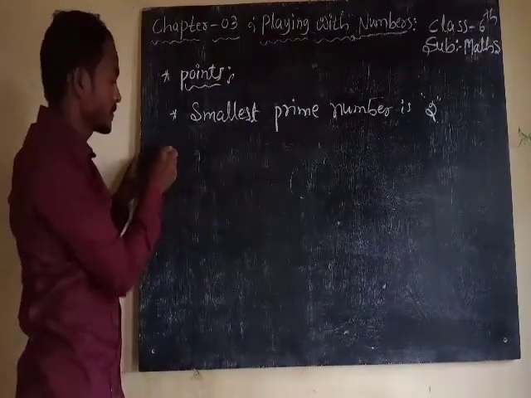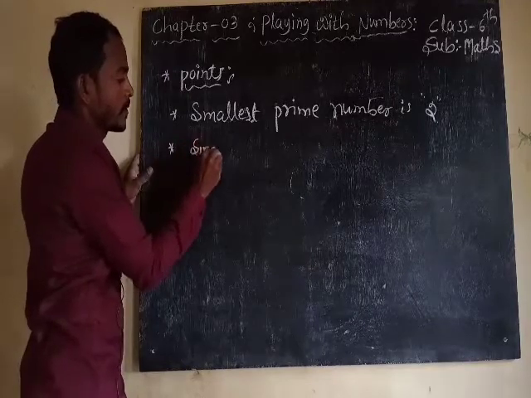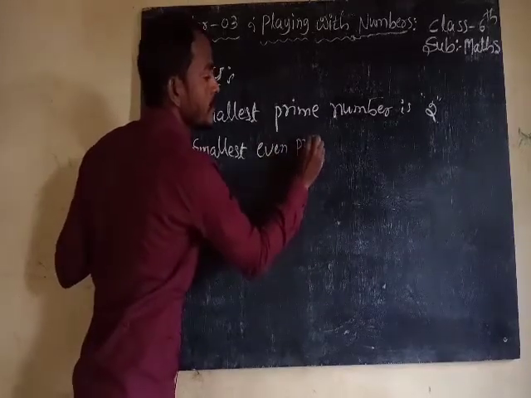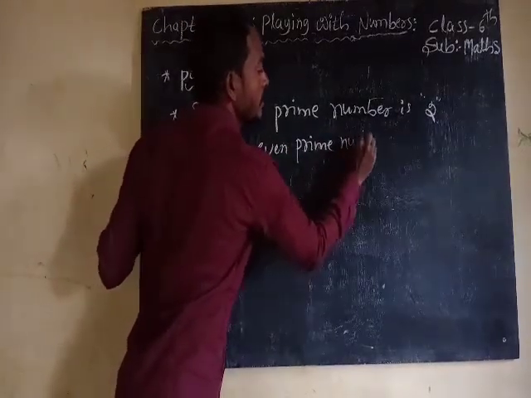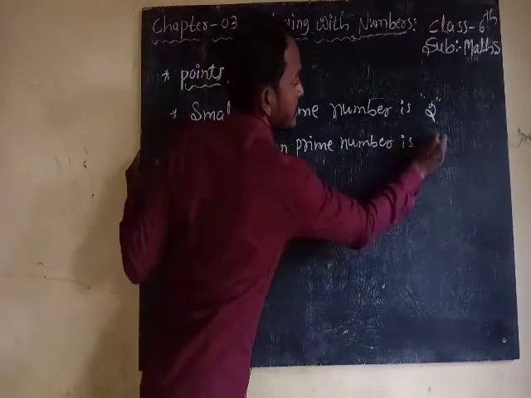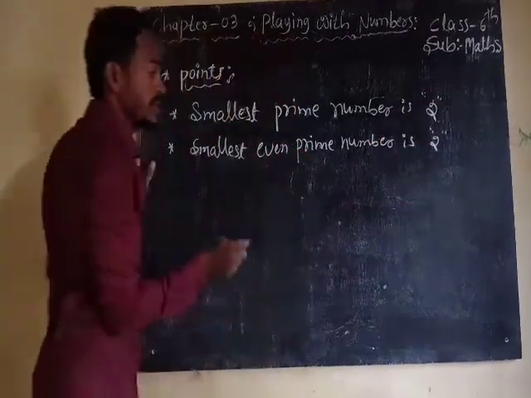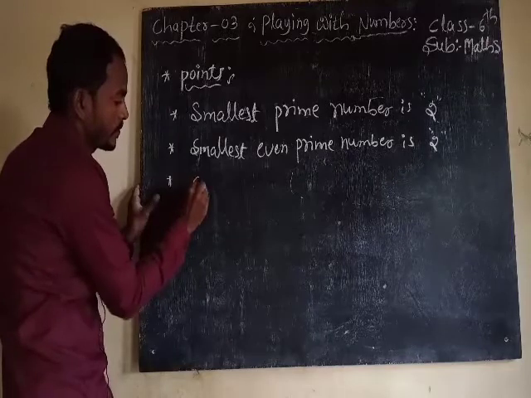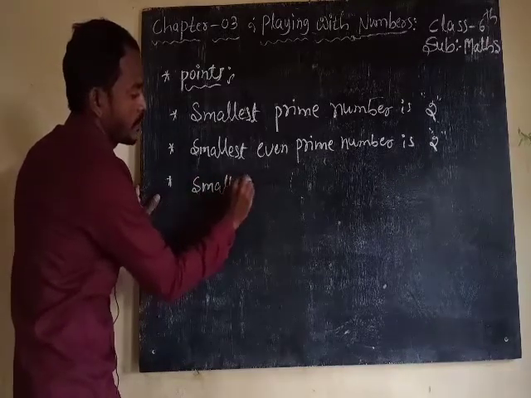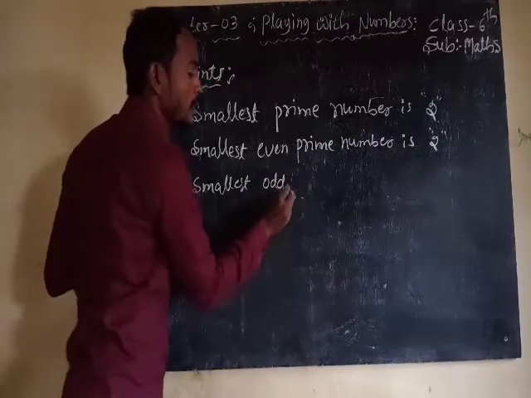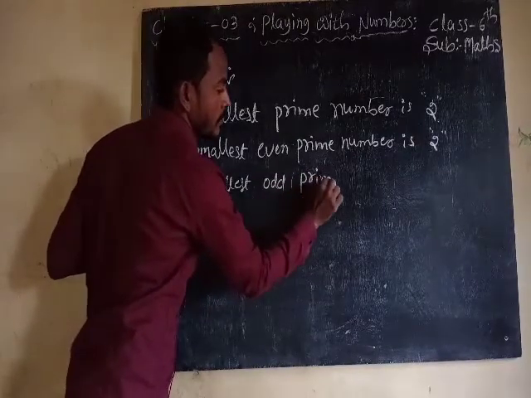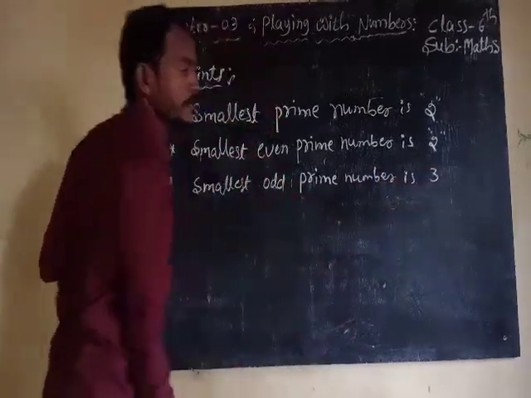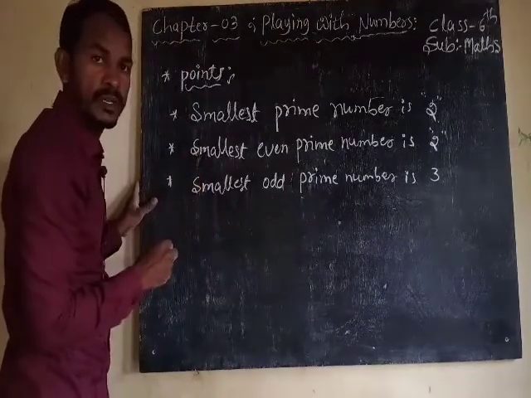The next one: the smallest even prime number is also 2. The next one: the smallest odd prime number is 3.